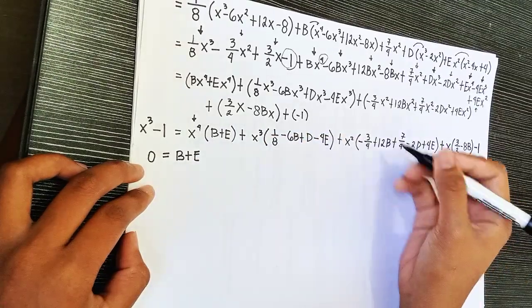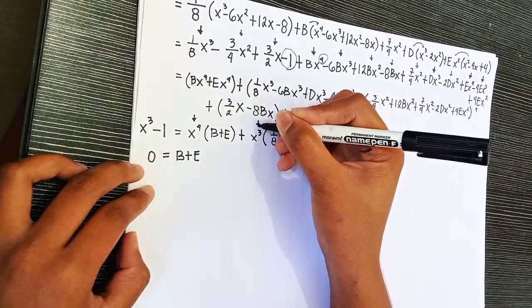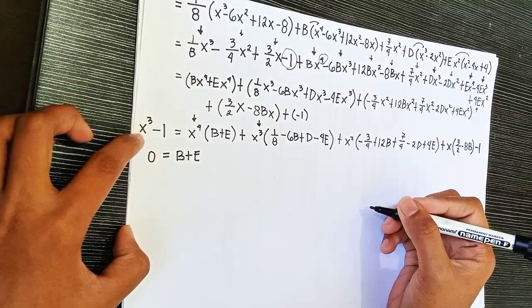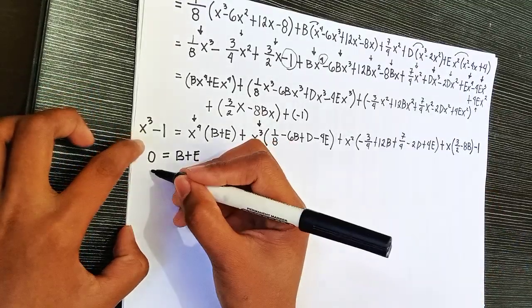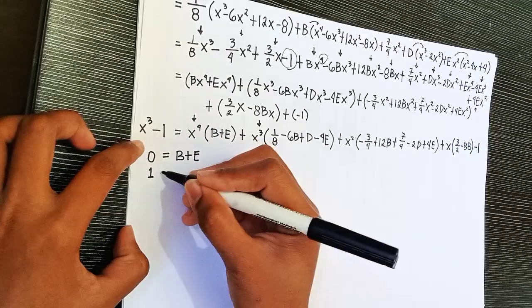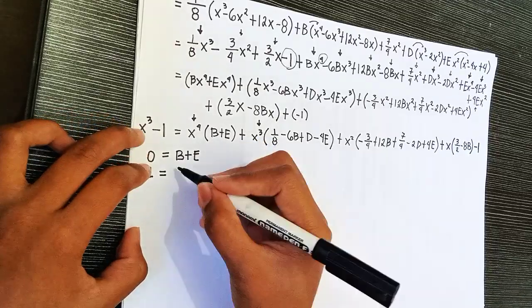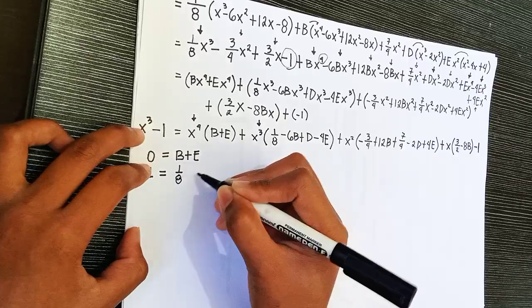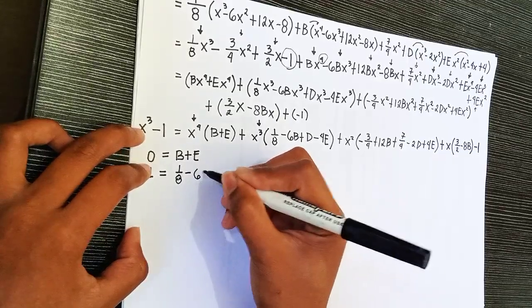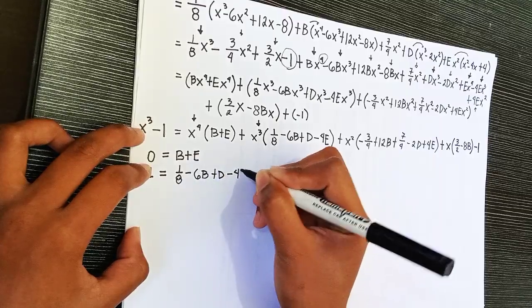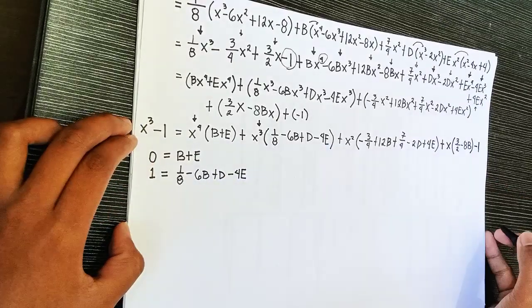Now, punta naman tayo dito kay x raised to 3. And dito sa left side, may isa tayong numerical coefficient ng x raised to 3. So, that would be 1 equals dito sa left side, so that would be 1/8 minus 6b plus d minus 4e.